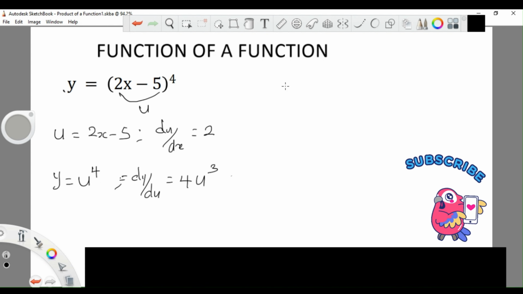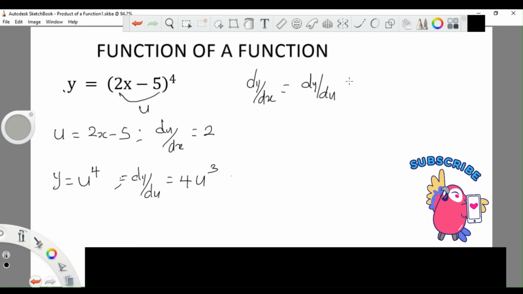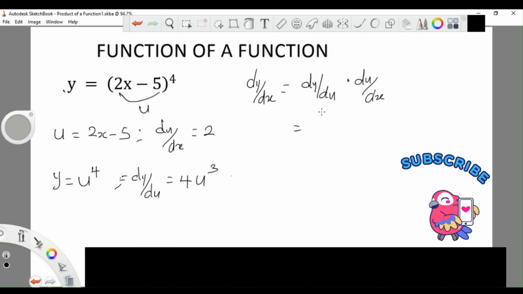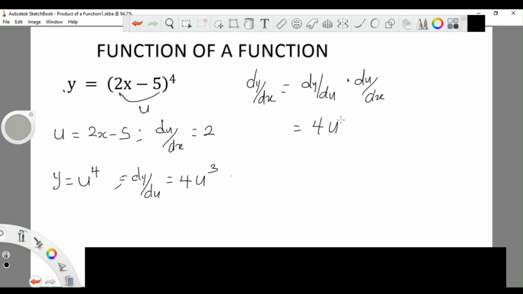So therefore, remember our function is dy/dx equal to what? dy/du times du/dx. Our dy/du is 4u to power 3 times du/dx is 2.